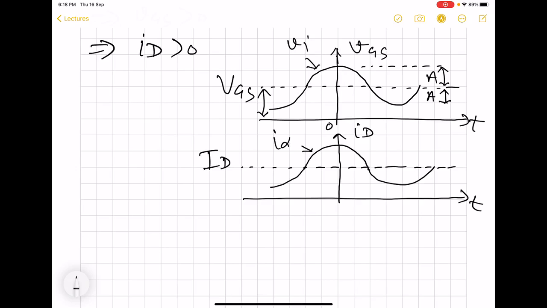So this one is time varying part of the drain current, and it is going to have amplitude, which we will be designating as IP.